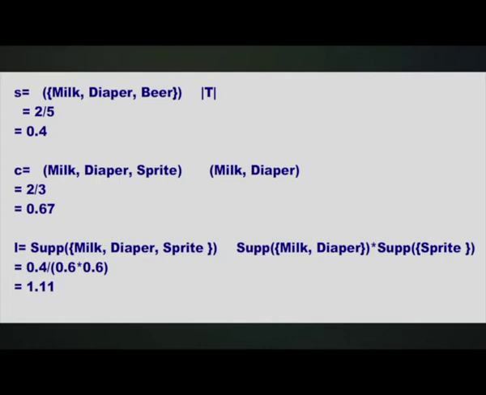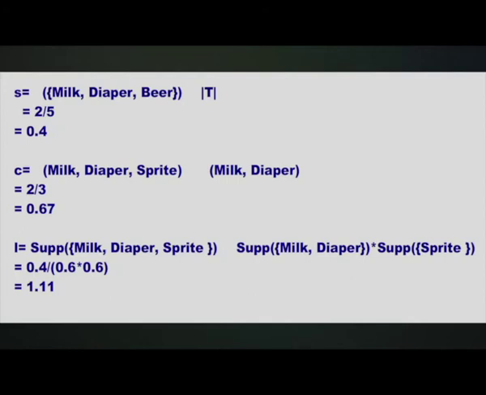Now let us consider confidence. For the given example, let us consider the confidence of the item set milk, diaper and soft drink divided by the occurrence of the items milk and diaper. The confidence is now represented as 2 divided by 3, which is equal to 0.67.